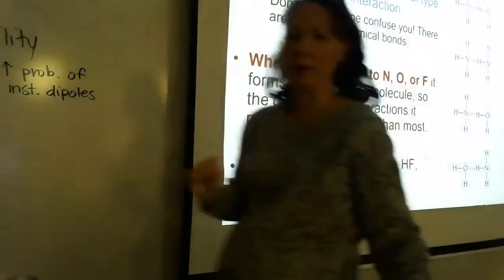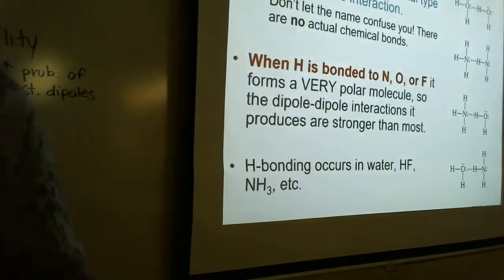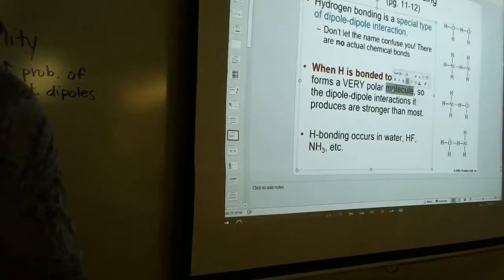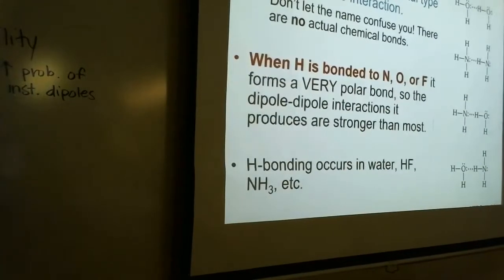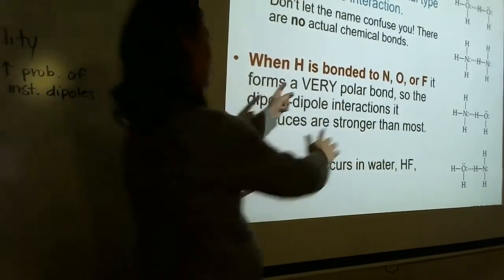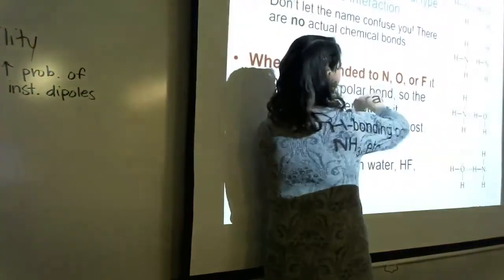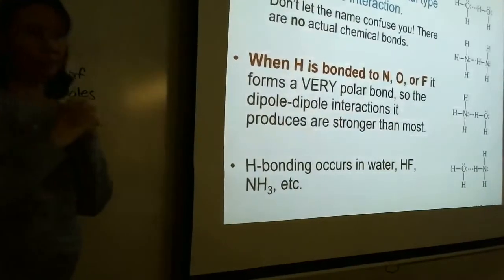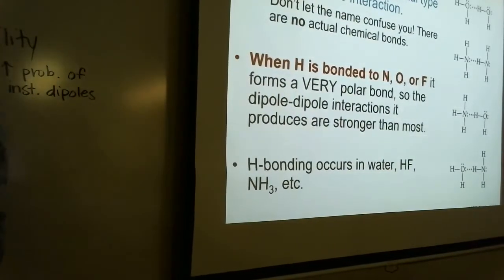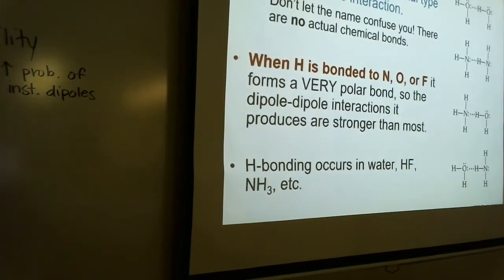I shouldn't say really polar molecule because it may not necessarily be the entire molecule. Really polar bond. Okay, so any molecule that has HN, HO, or HF in it has hydrogen bonding. So again, it may not be the entire molecule.